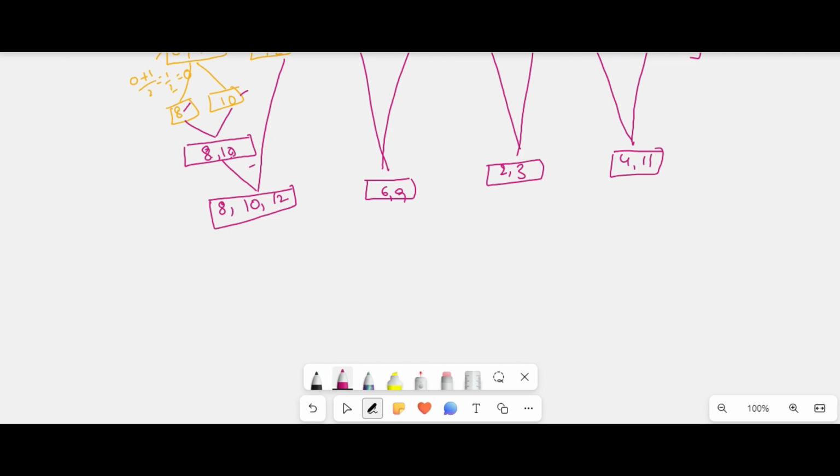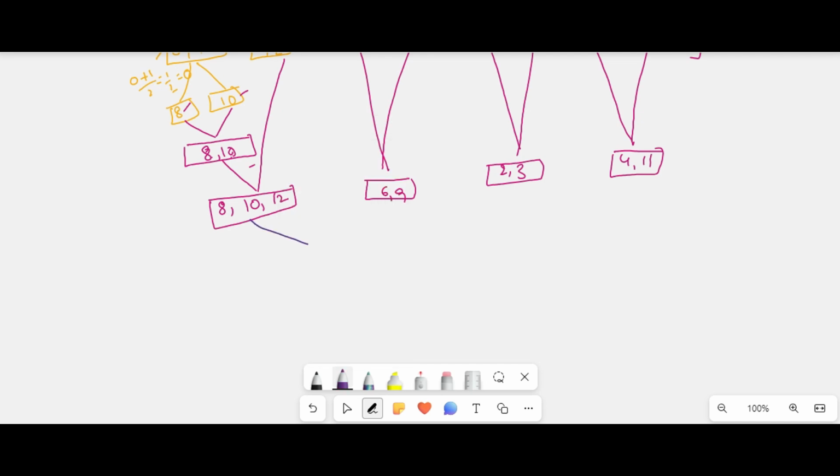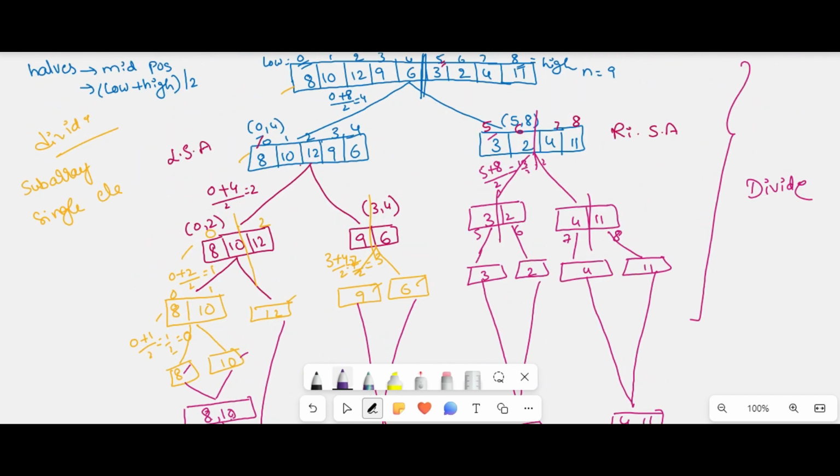That's all. Okay, now see, again merge these two. Merge this left sub-array and this one. Why? Because we got these elements from this array, from this. So that's why.